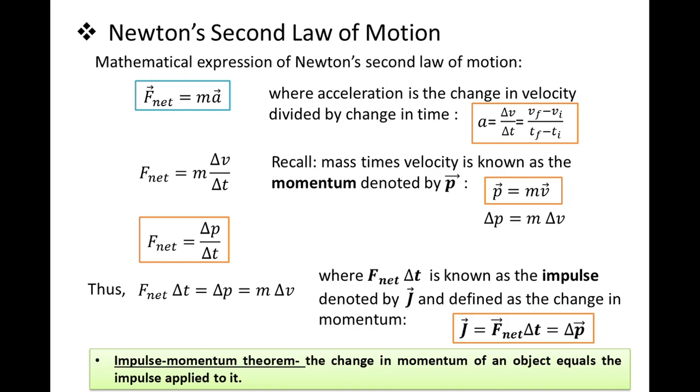Let's say a car moving at 30 kilometers per hour, or a train moving at 30 kilometers per hour. Well, based on this equation, the train, which has significantly larger mass compared to the car, has larger momentum even though they are moving at the same speed or velocity.